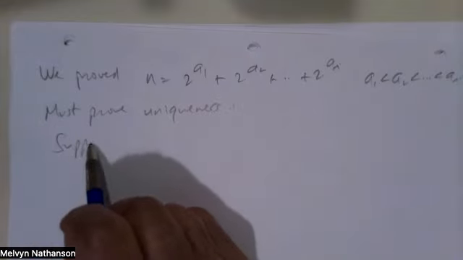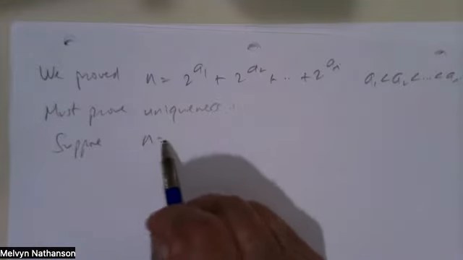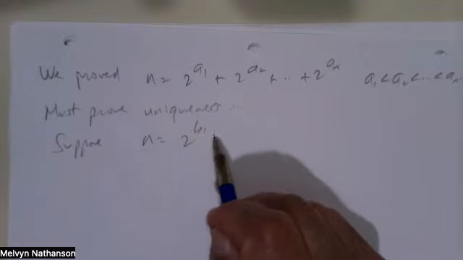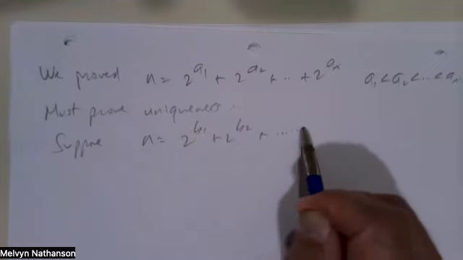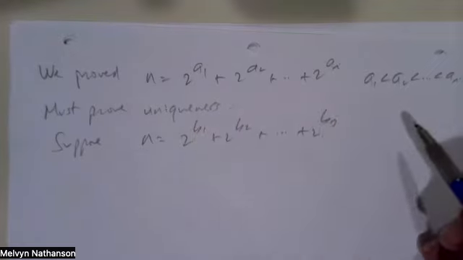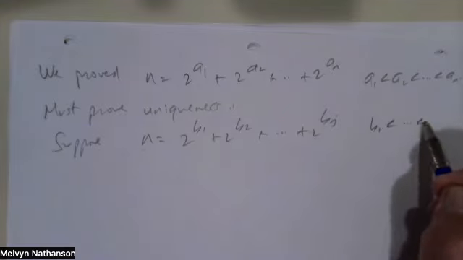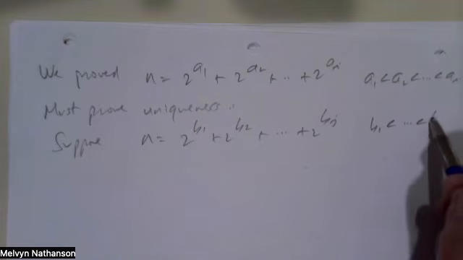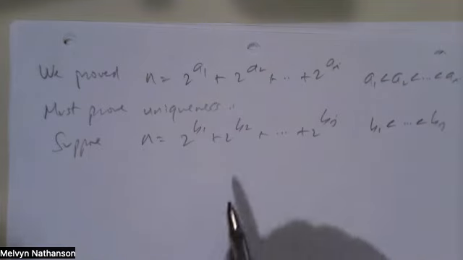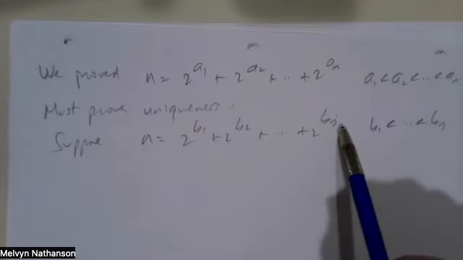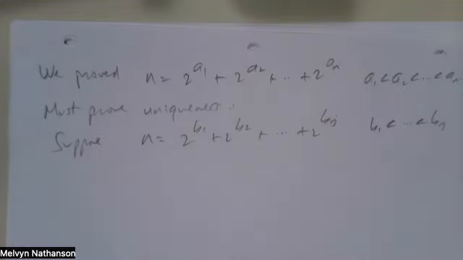So suppose we also have n is 2 to the b1 plus 2 to the b2 plus 2 to the b sub j, where these b's, these exponents are increasing, they're distinct. And not necessarily the same number. Here we have I powers of 2, here we might have j powers of 2. So suppose we have these two different representations of n as a sum of distinct powers of 2.